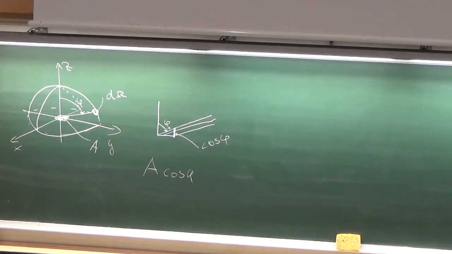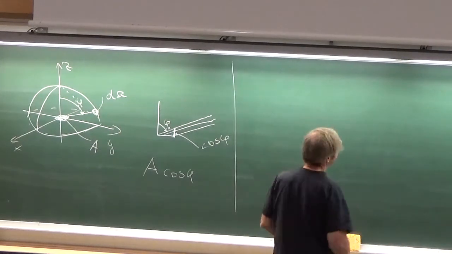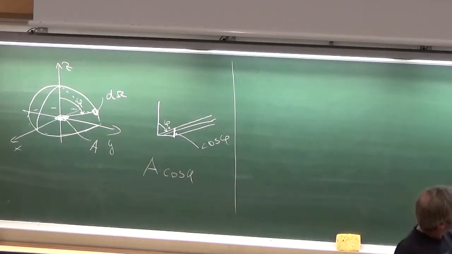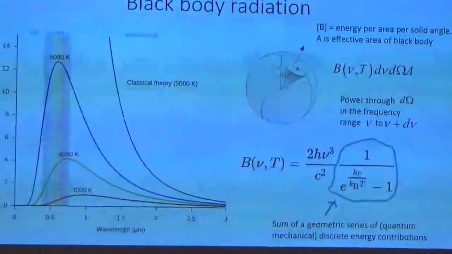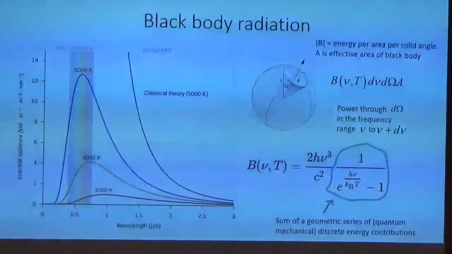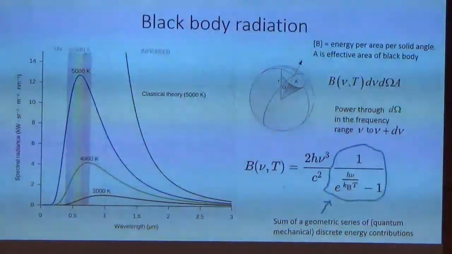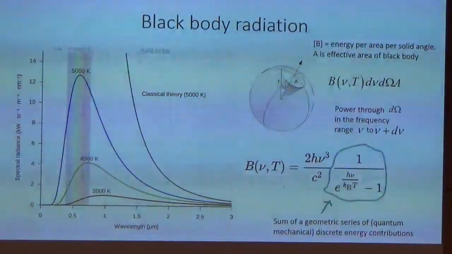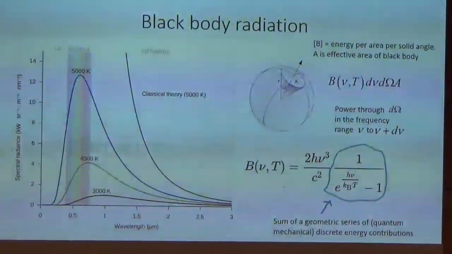So if you want to find the full energy or the full power, because this B here has energy per area, per solid angle, when I multiply it by d nu, we introduce per seconds because nu is the frequency. So then we get from energy to power. So it's the full power that's emitted by this one.